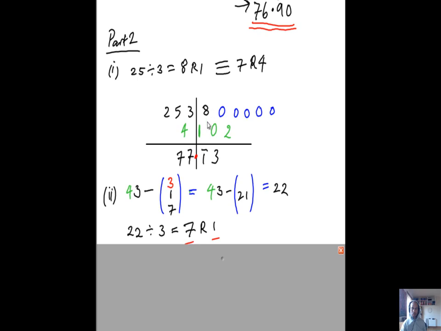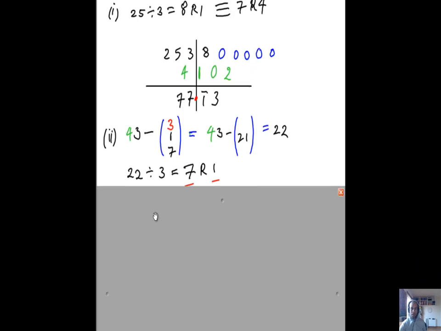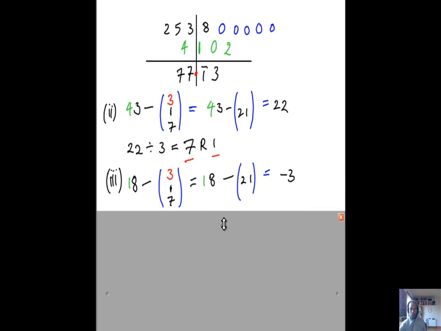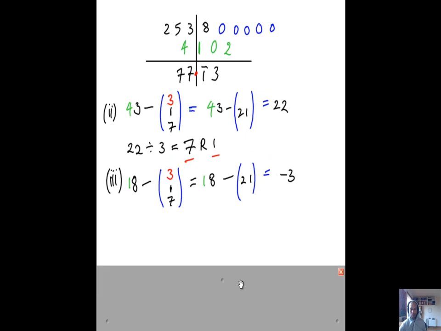You go 18 take away 7 times by 3, the flag again, which is this bit, and we end up with minus 3. And how far have we got? That's as far as we've got. So please continue the calculation to generate the rest of these digits, and hopefully you come up with the right answer.